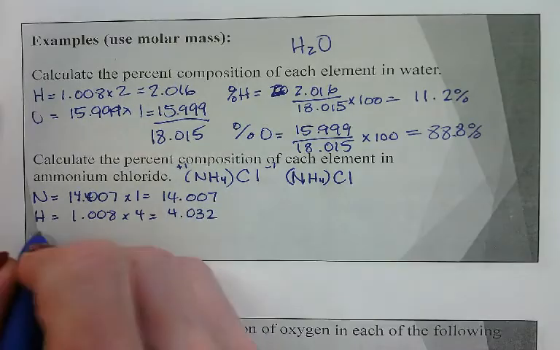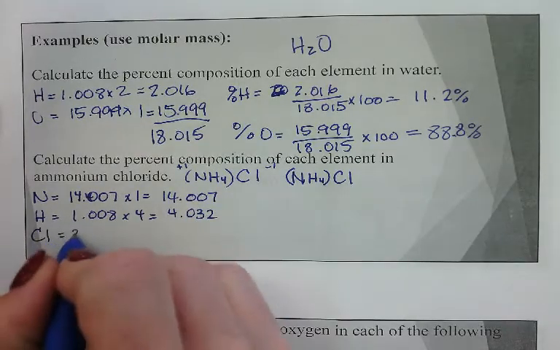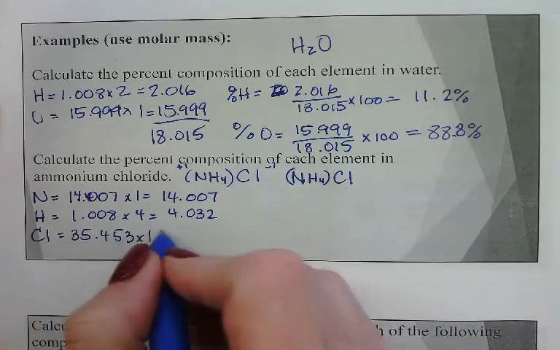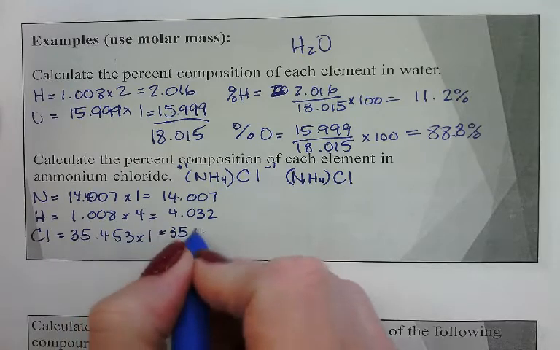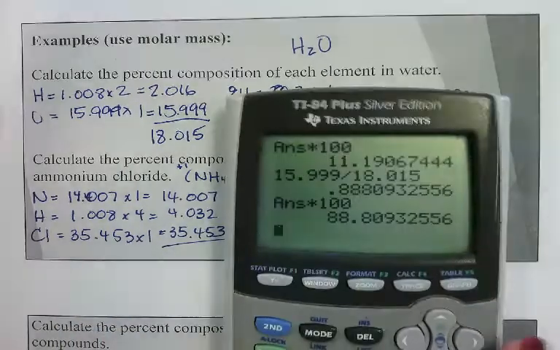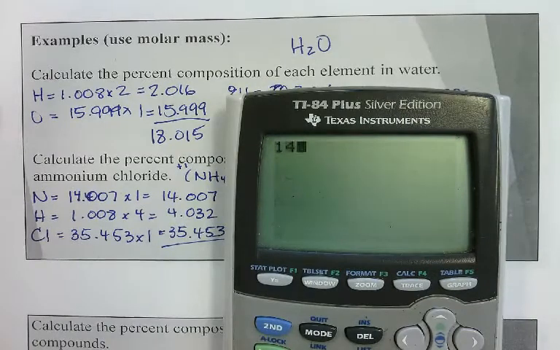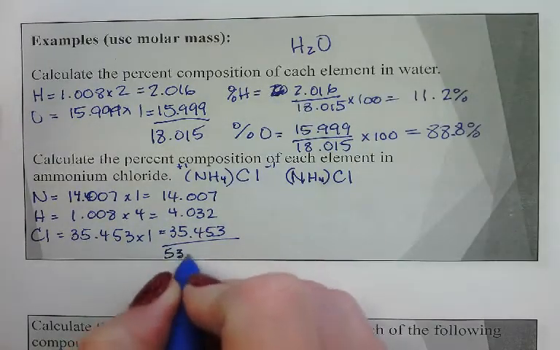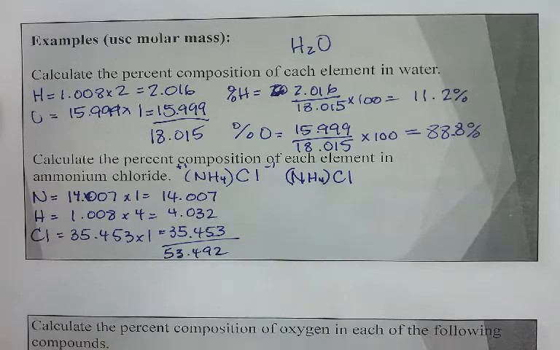And then chlorine, there's only one of them, 35.453 times 1. When I add all those together, 14.007 plus 4.032 plus 35.453 gives me 53.492, which is the mass of the whole thing.